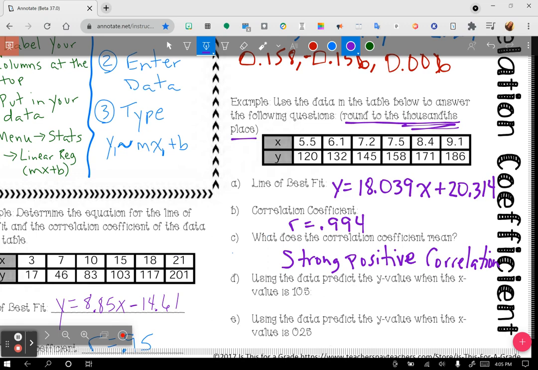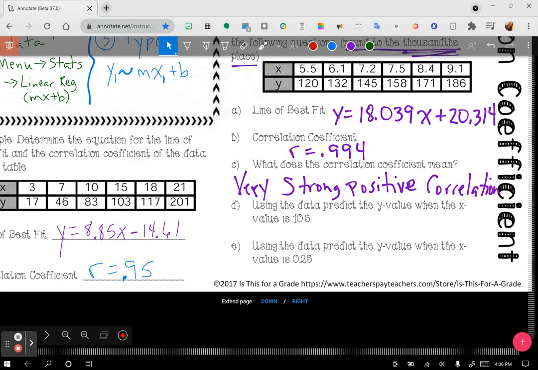So my r is 0.994. It is a strong positive correlation. You could actually say very strong because it is very, very close to 1. It's like 99%, very close to being 100%.